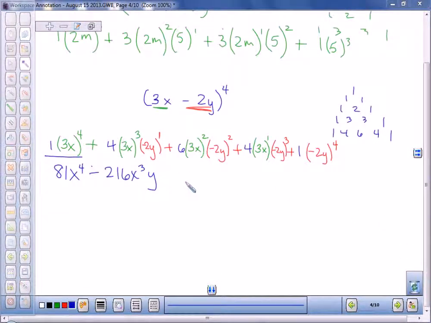Okay, so for the next one, my coefficient's going to be 6 times 3 squared, which is 9, times 2 squared, which is 4, so that gives us positive 216. And when I square the negative 2, it's positive.